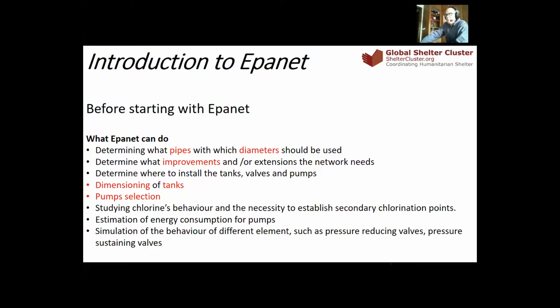Epanet will help you to size the tank, the valves, and the pump, and to select the pump. Additionally, it is going to show you how the chlorine or the clarification of the water will proceed, but we are not going to enter into chlorination in this workshop.